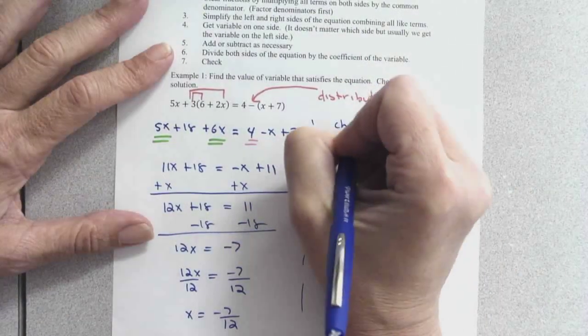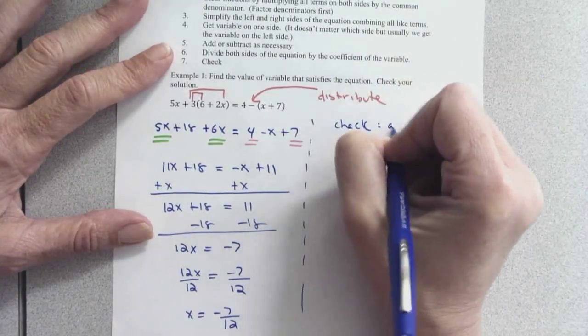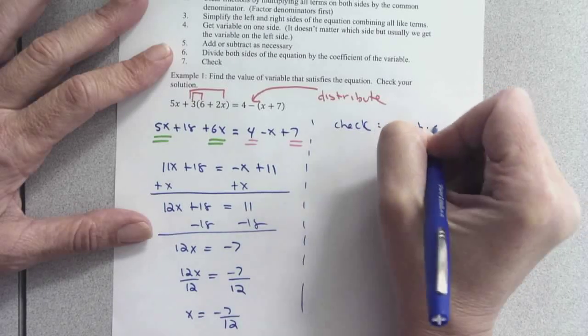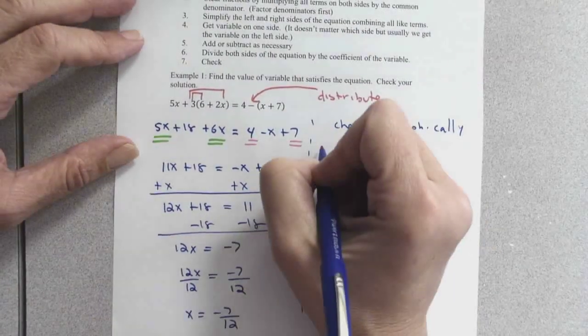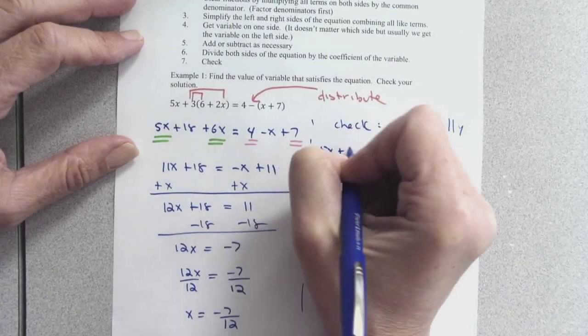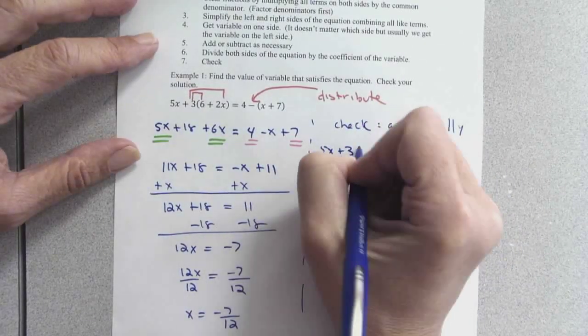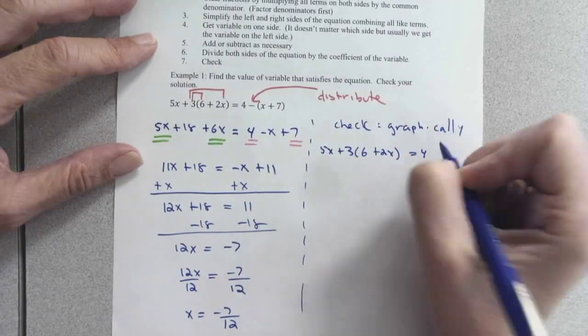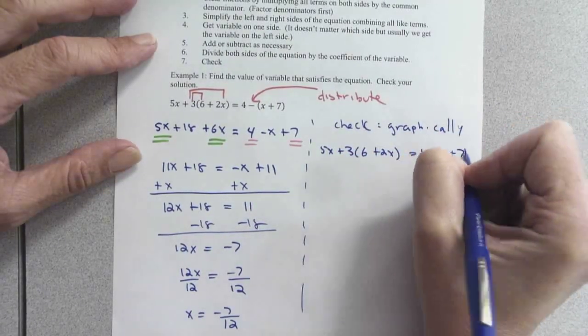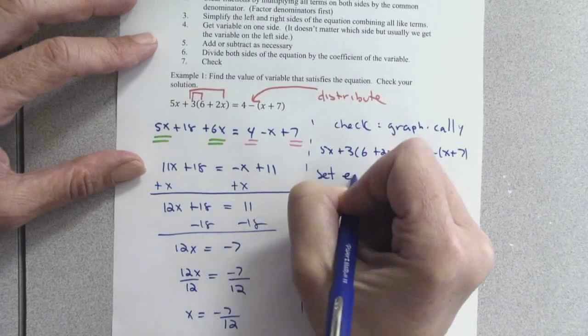Checking. We're going to check graphically. So what I'm going to do is take my original equation and set it equal to 0.